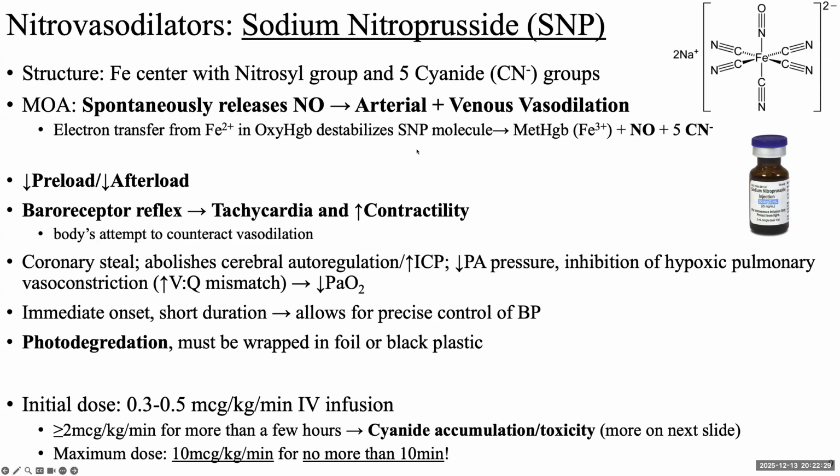It spontaneously releases nitric oxide and causes potent arterial and venous vasodilation. What we have going on is electron transfer from the iron in oxyhemoglobin, and that destabilizes the molecule, which causes another electron transfer and gives methemoglobin, plus the release of nitric oxide and the release of five cyanide molecules as well.